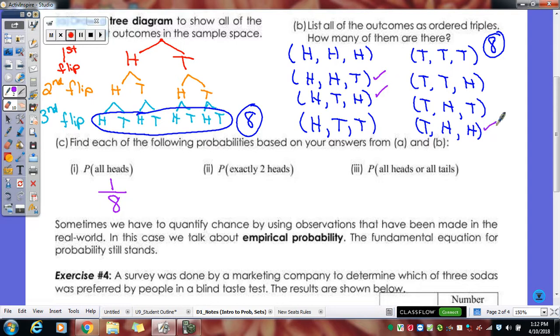That one has 2 heads. 3 out of 8. And then we have all heads or all tails. 2 out of 8. Now with probability, you don't have to reduce, but you can. It's not going to be wrong. So our 2 eighths could be reduced down to 1/4.